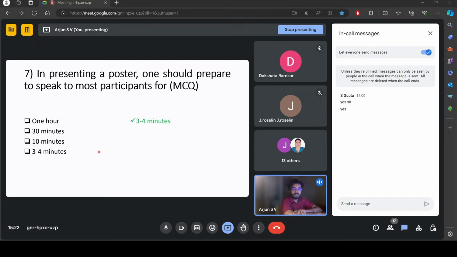In those 3 to 4 minutes you must highlight all the important facets of your research activity and your important results. After that you can offer the audience an elaboration of your work, which they can accept or reject based on how interested they are in your work and how interested they are in looking at other posters as well.